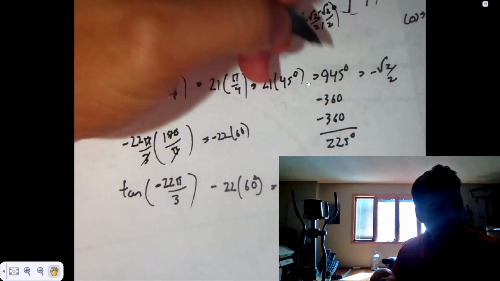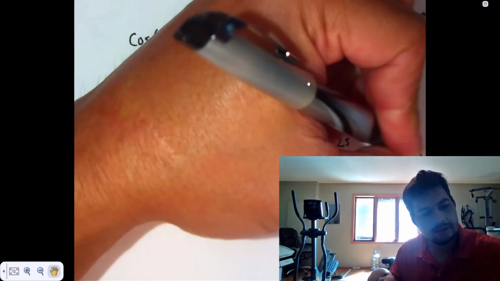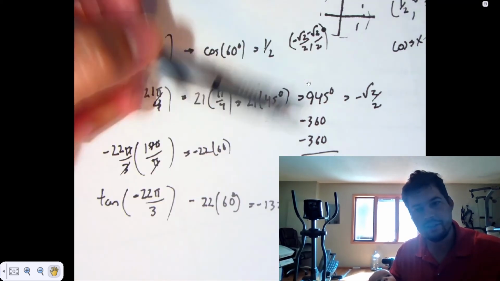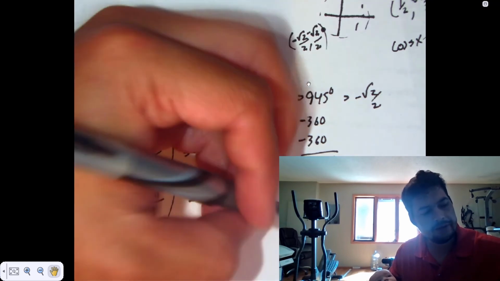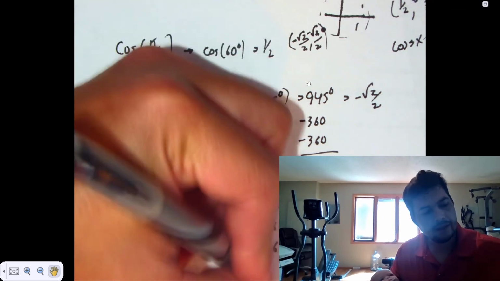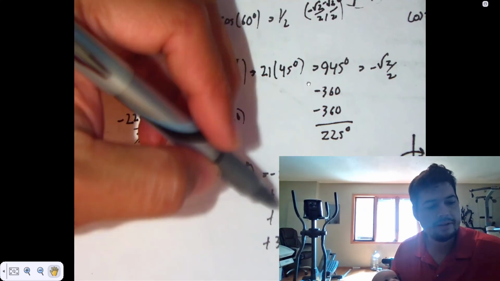Negative 1320. Now, I know Algebra 2 has been a while, but a negative angle rotates like a clock. In the positive angle up above, I took away 360. When I deal with negative angles, what I do is I actually add 360. And you can add 360 several times, actually. 3 times 360 is 1,080.